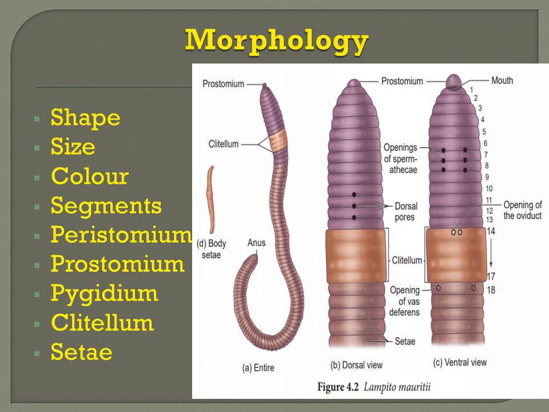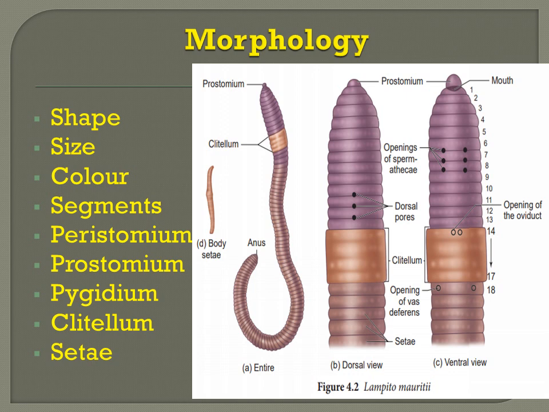Since the same segment is repeated, it is known as metamerism. Because of these repeated segments, there is a groove between two segments. Can you watch the groove? It means one depression. Between these segments there is a circular depression that is known as a groove, right?